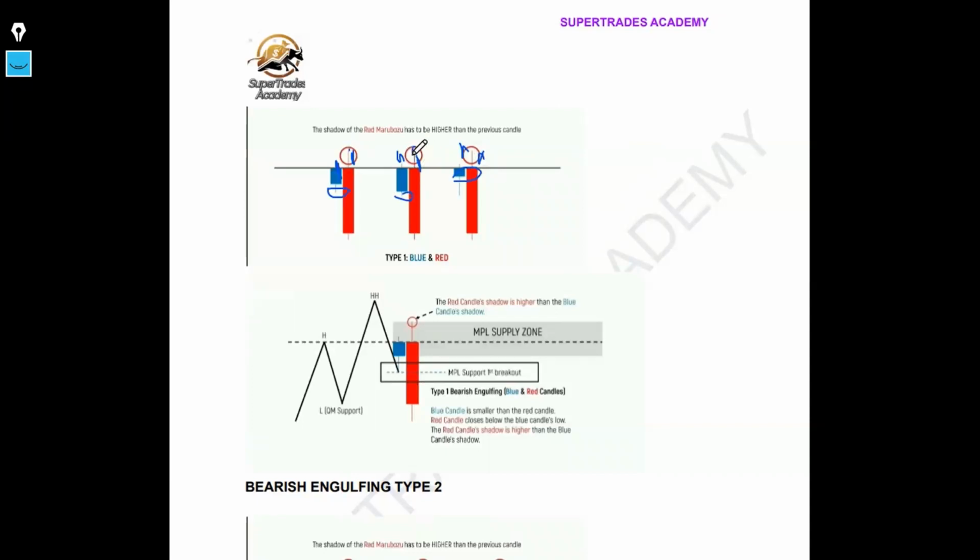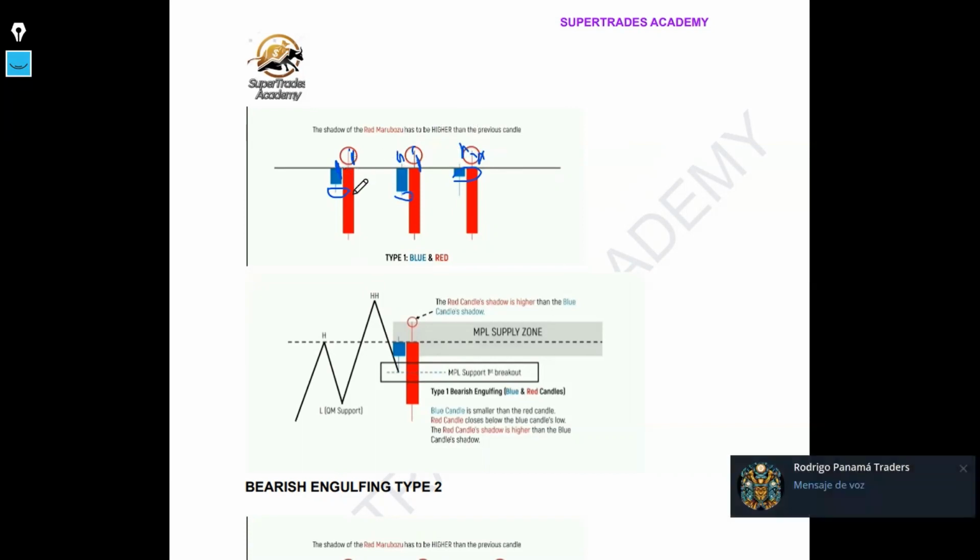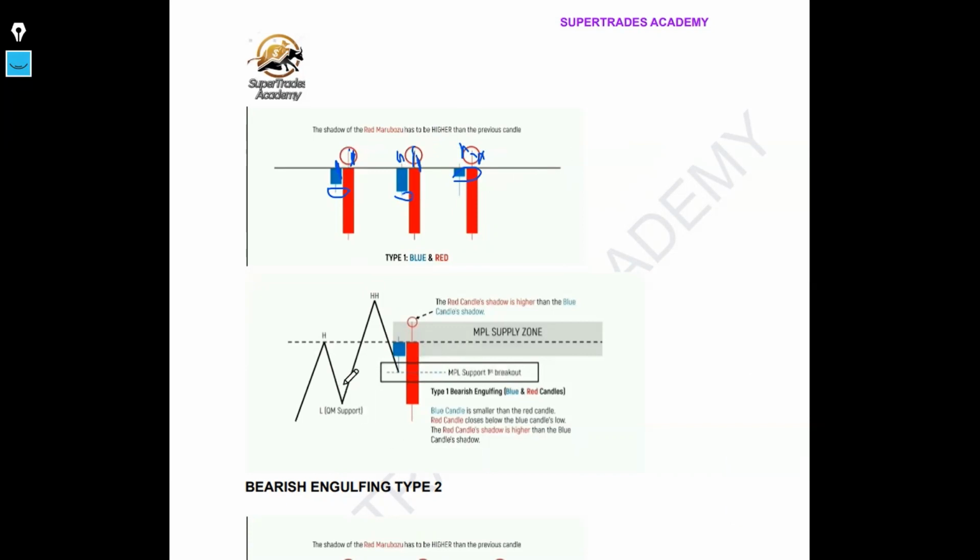This shadow matters. You have to see that the shadow is longer than the previous wick. So this is how it looks on the chart, or how you can place it on this sell setup. High, lower, low.